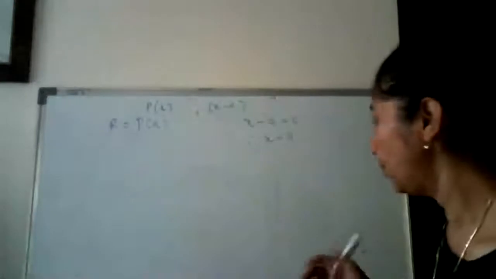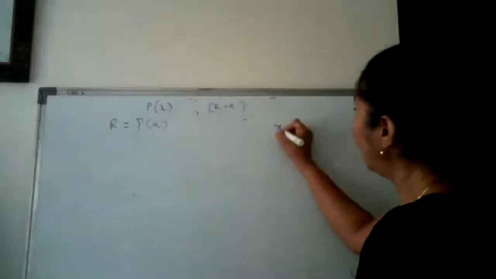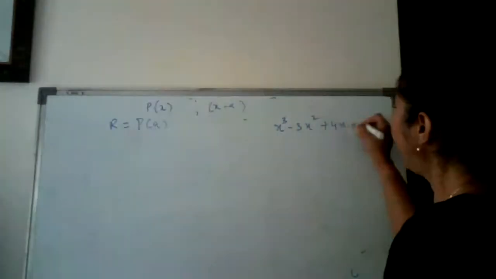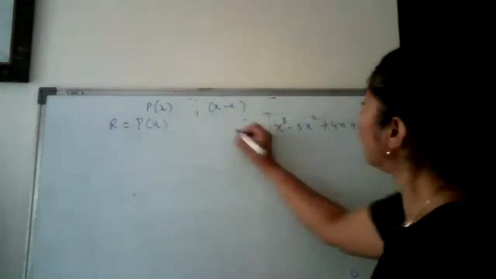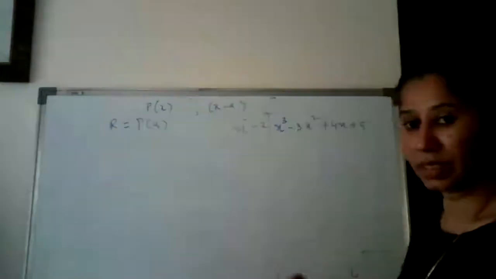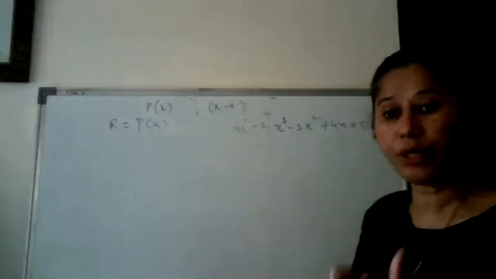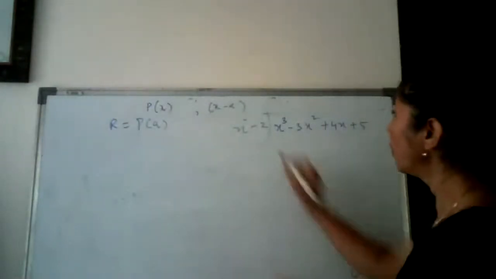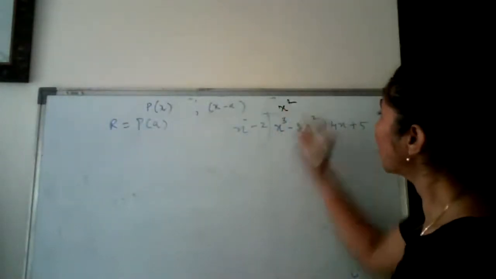One more example I would like to give you. Suppose मैं यहाँ पे ले रही हूँ x cube minus 3x square plus 4x plus 5. I divided with x minus 2 suppose. ठीक है, थोड़ा सा ये स्पीड में ले रही हूँ because I have already taught you this concept. Okay. So x cube, so I divide here with x square.